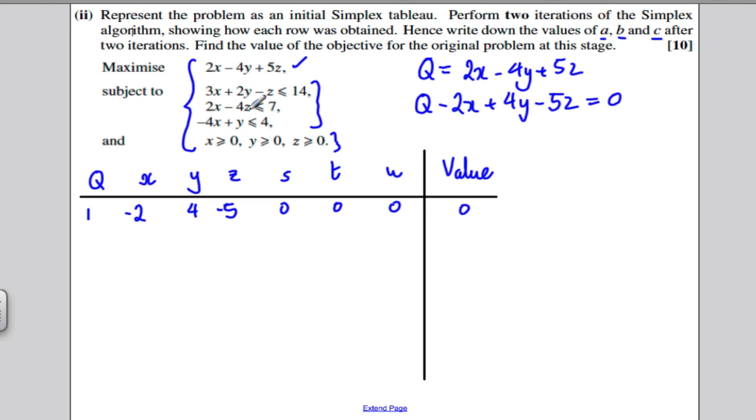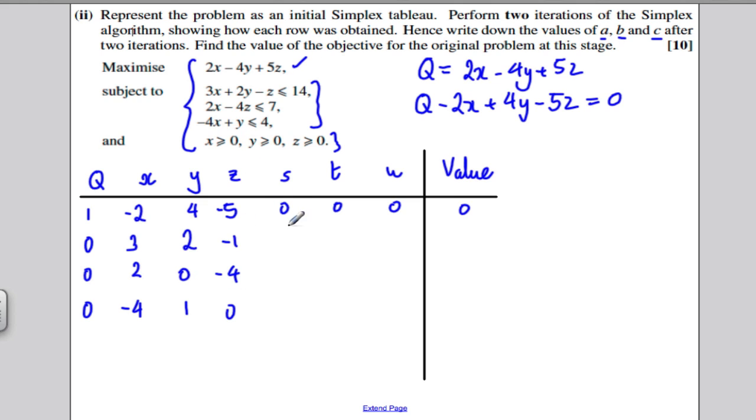And introducing my s, t, and u here, we're going to get 3 equations. I'm going to get no q's in either of those, so I'm just going to put 0, 0, 0. I'm going to get 3x, 2x, minus 4x. 2y, no y, and 1y. Minus 1z, minus 4z, and no z.